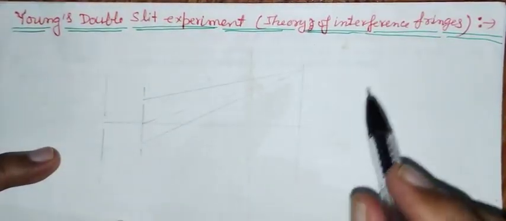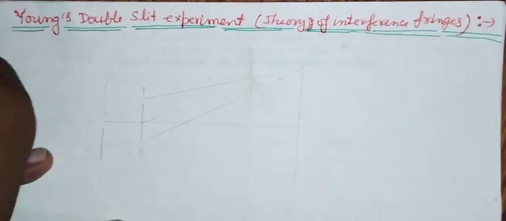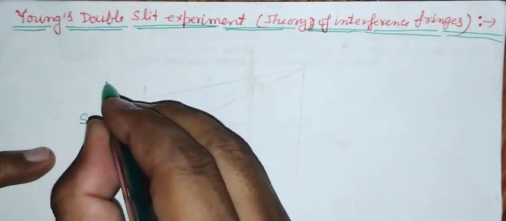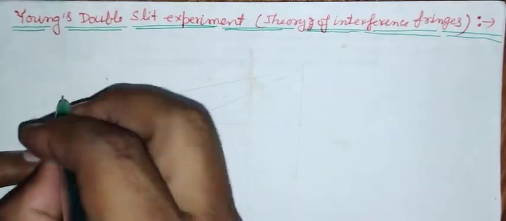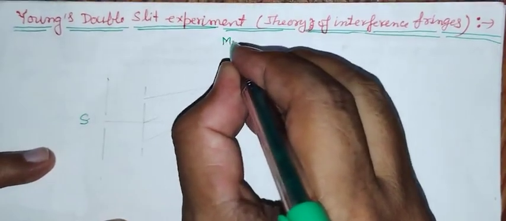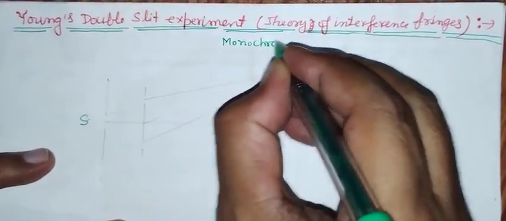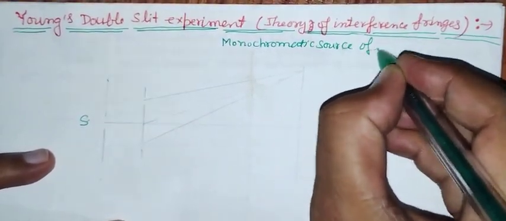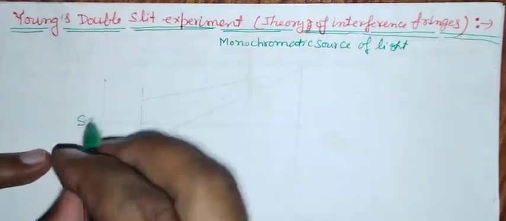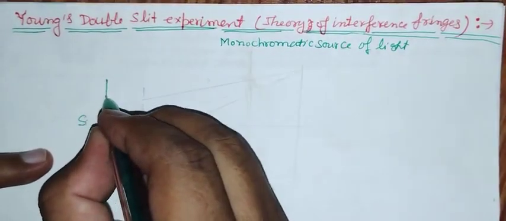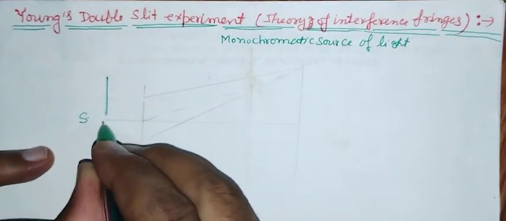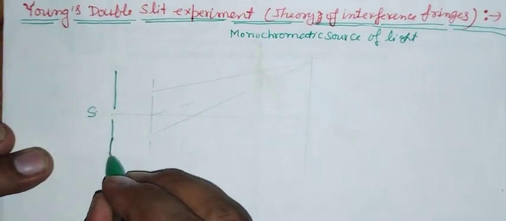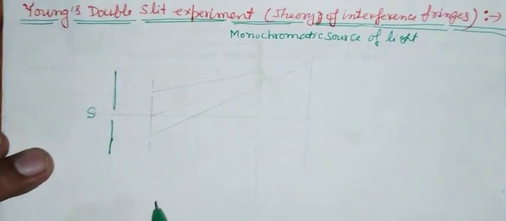Here in this experiment of interference, Young has taken a source of monochromatic light, and here a narrow slit is made. This narrow slit behaves like a source of monochromatic waves.